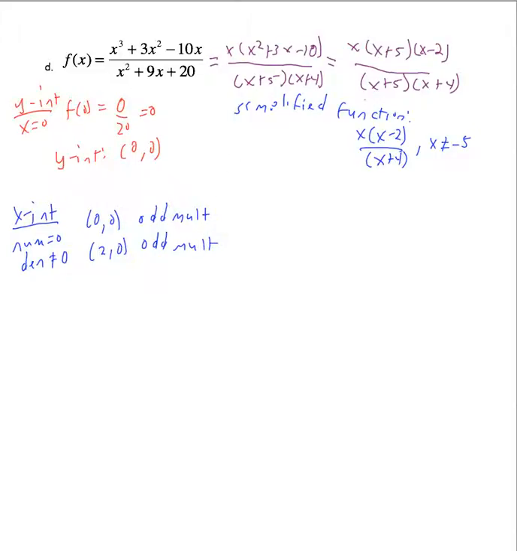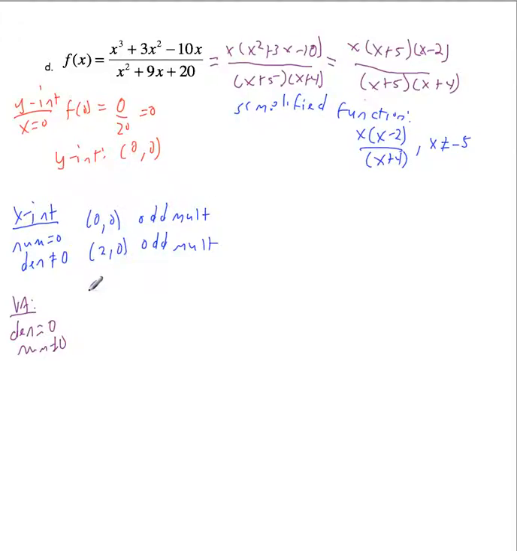Next, we will look for vertical asymptotes. Vertical asymptotes are values that make the denominator equal to 0, and they come from factors that we cannot cancel out in the denominator. So the multiplicity of the 0 in the denominator has to be greater than the multiplicity of the 0 in the numerator. Most of the time we want the numerator to not be 0.